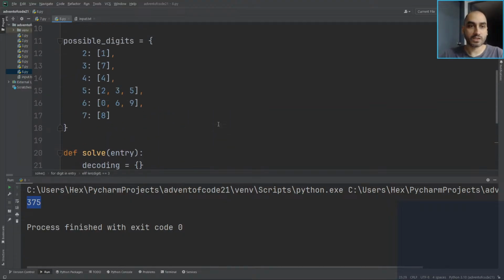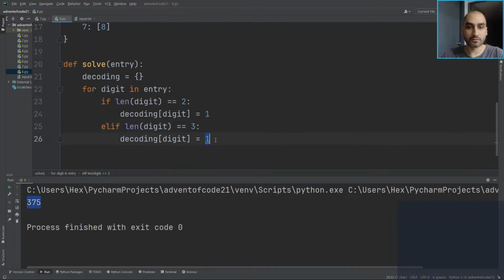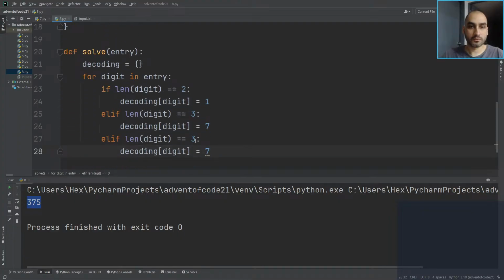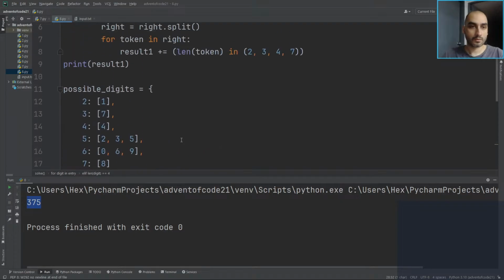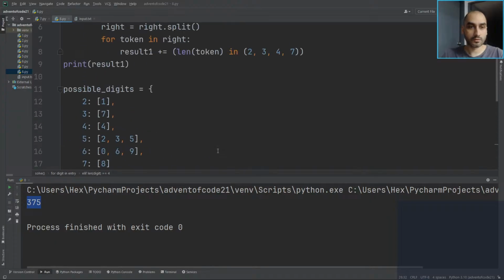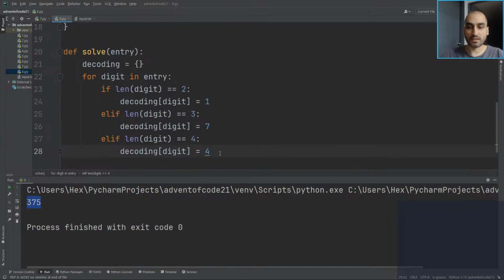If it's 3, then it's 7. Otherwise, if it's 4, 7, it's 8.